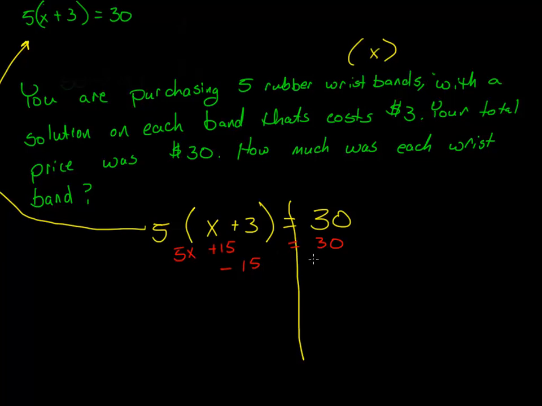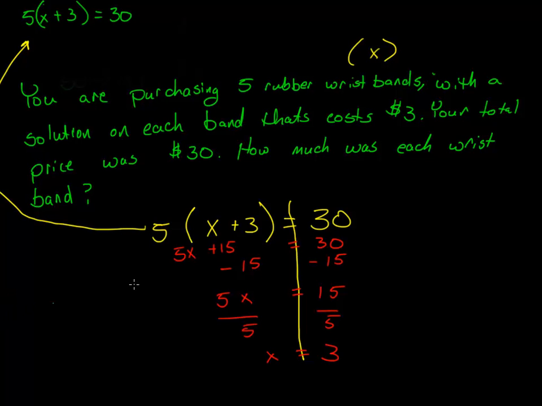Subtract 15, subtract 15. 5x is equal to 15. Divided by 5, divided by 5. X equals 3.